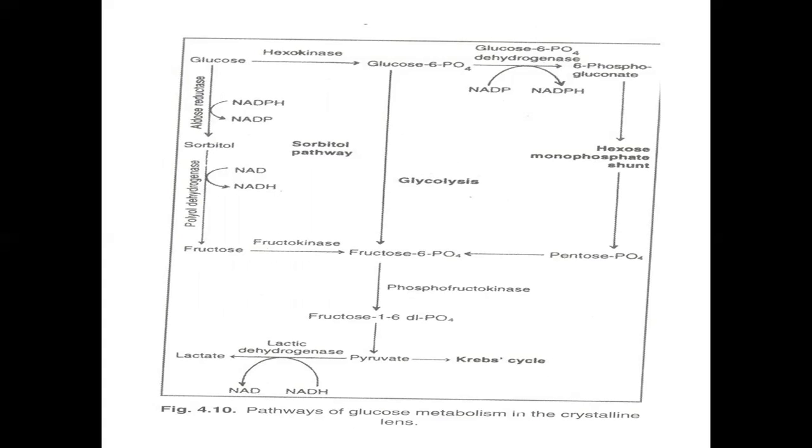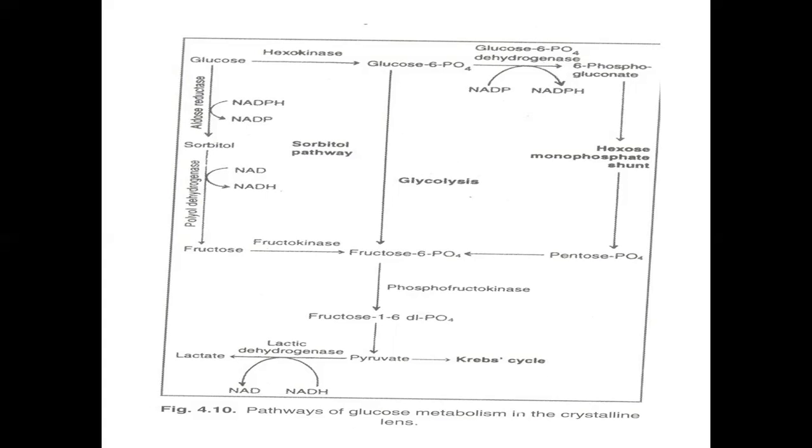Glucose, with the enzyme hexokinase, forms glucose 6-phosphate. From there, with the enzyme glucose 6-phosphate dehydrogenase, they form 6-phosphogluconate. From that, NADP forms NADPH. From there the hexose monophosphate shunt takes place, the metabolism pathway, and they produce pentose phosphate.